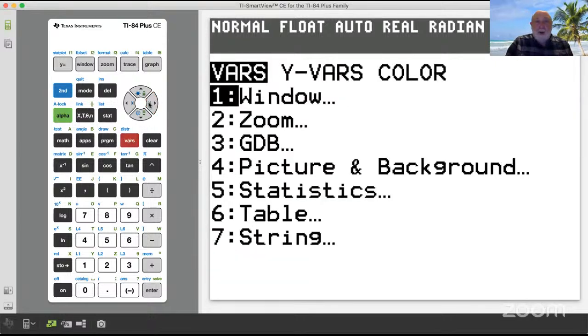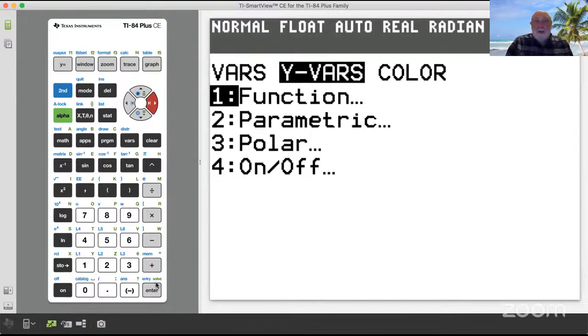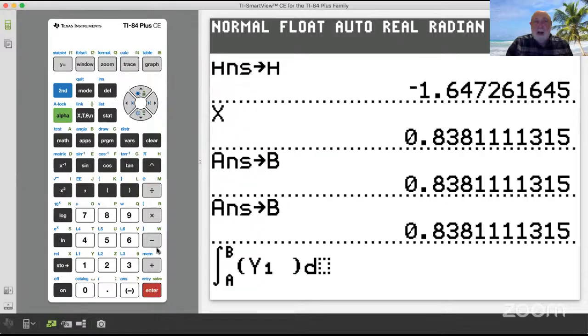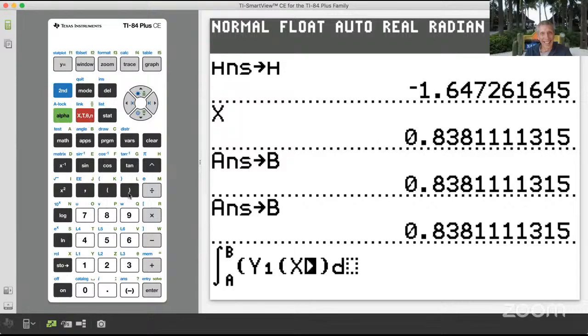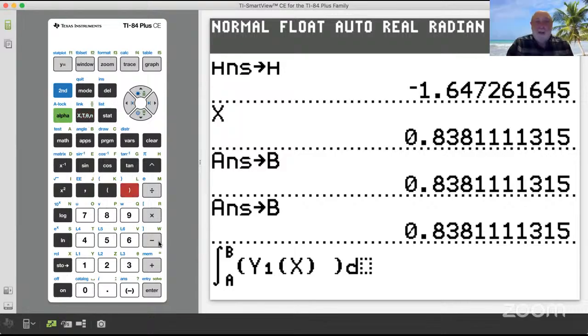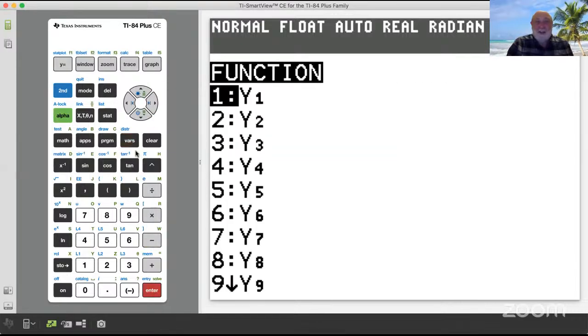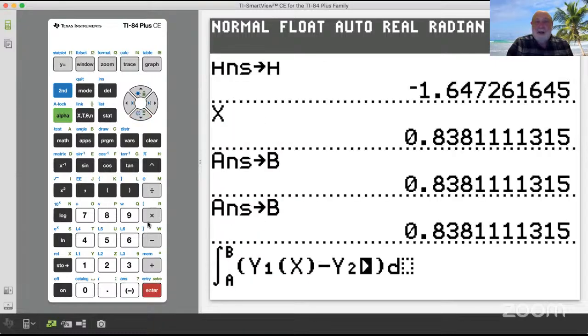And I'm going to go ahead and pull up Y variables and pull out Y1. I'm going to use good form here. I'm going to put Y1 of X, even though I think you can get away without putting that in. But let's go ahead and do good form here. And then our second function was Y2.